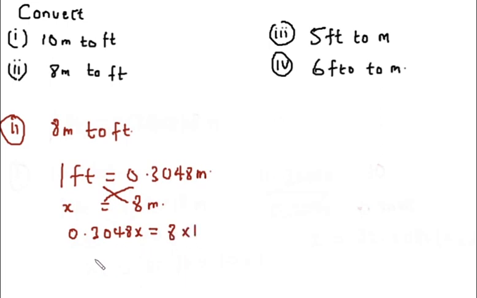Dividing both sides by 0.3048, you have x equals 8 divided by 0.3048, which is 26.25 feet. So the equivalent of 8 meters is 26.25 feet.